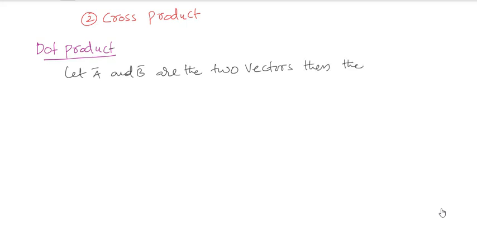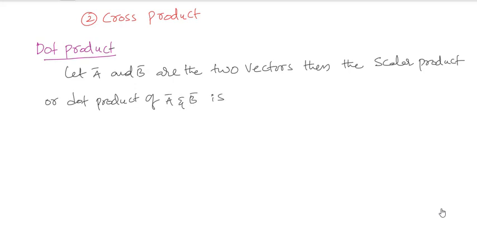Then the scalar product or dot product of a bar and b bar, generally we will type it as a bar dot b bar, is equivalent to mod a into mod b into cos theta. This is the dot product.